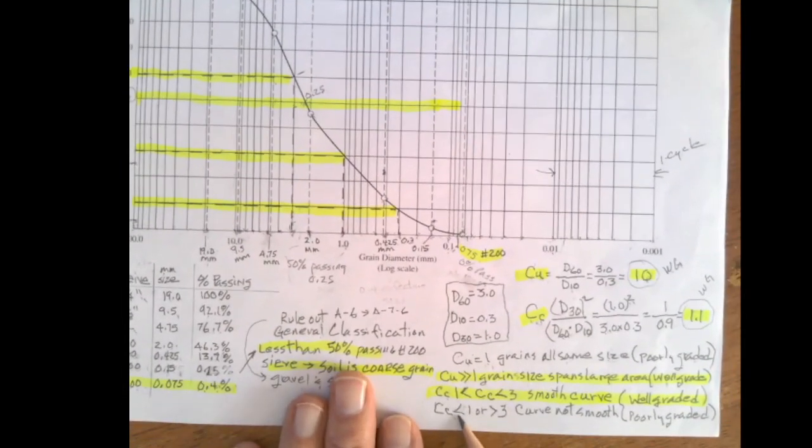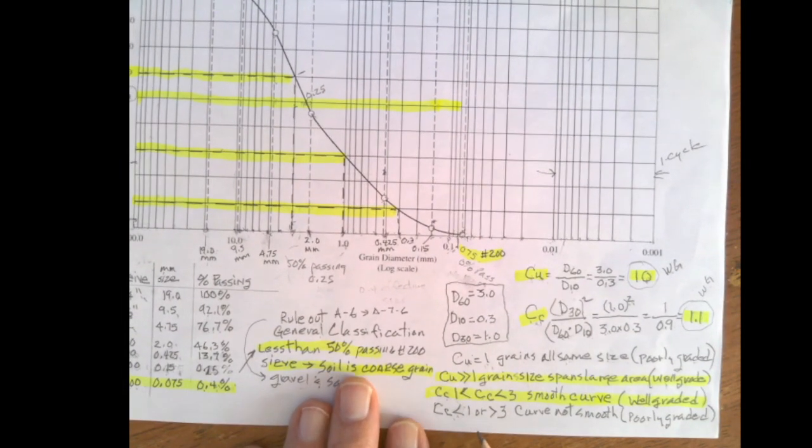Now, if the coefficient of curvature is less than 1 or greater than 3, it would be poorly graded, not smooth. Ours is not less than 1 and it is not greater than 3.